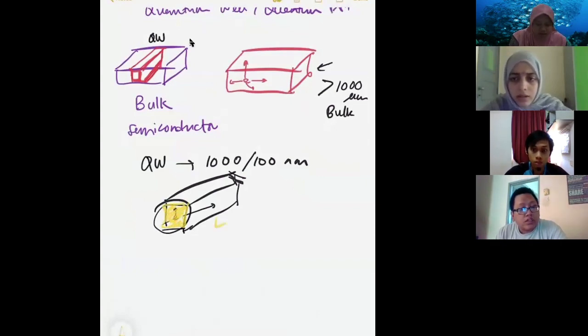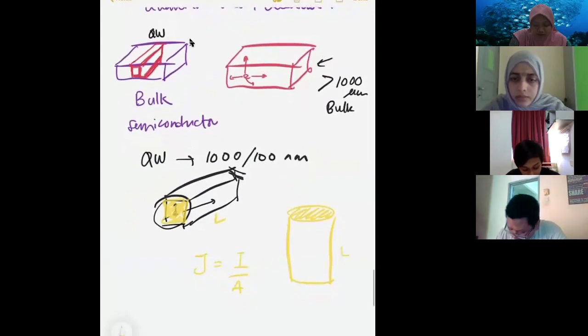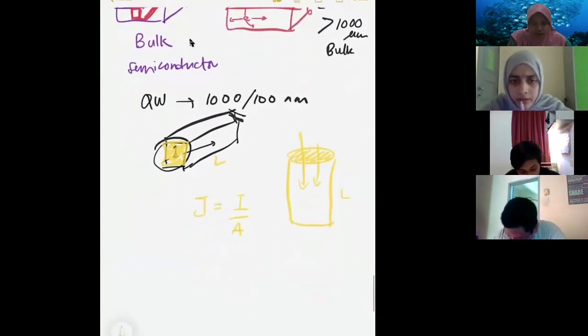When we talk about current density, it equals the current divided by the area, the cross-sectional area. This is the length, this is the area, and the current will flow like this. I is the current, and J is the current density.